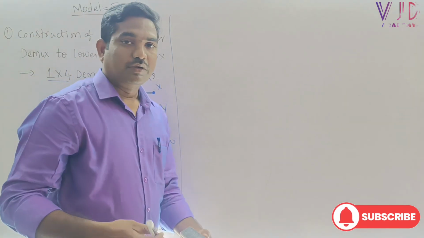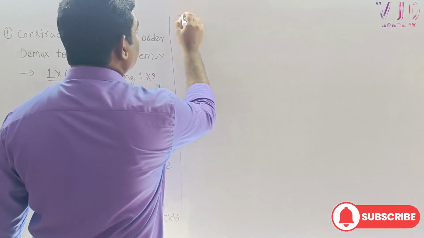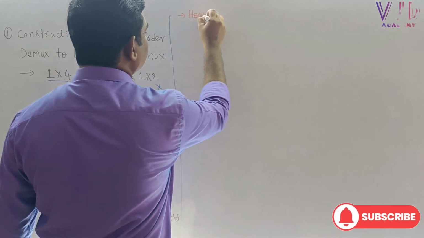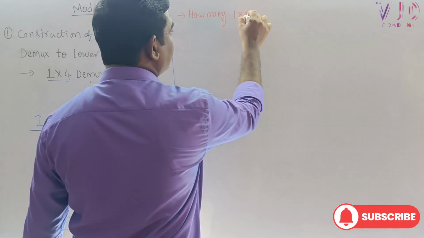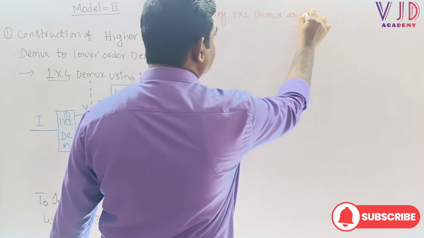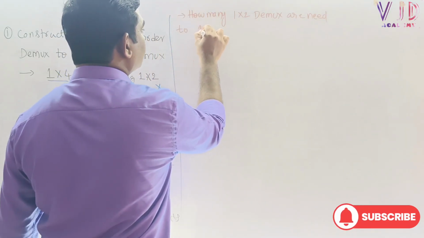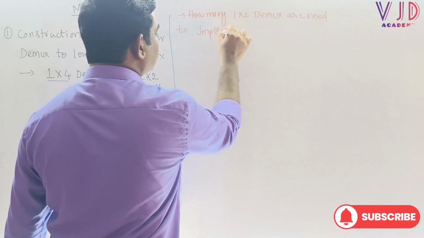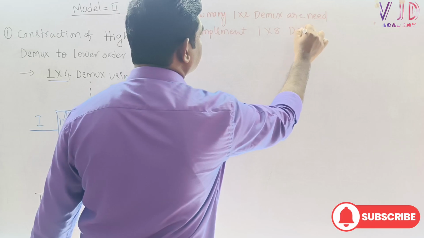And now the question may be asking like this: how many 1 into 2 demux are needed to implement 1 into 8 DMUX?